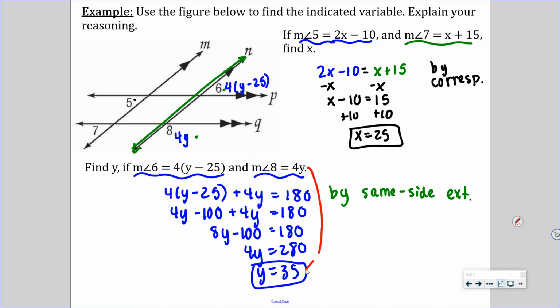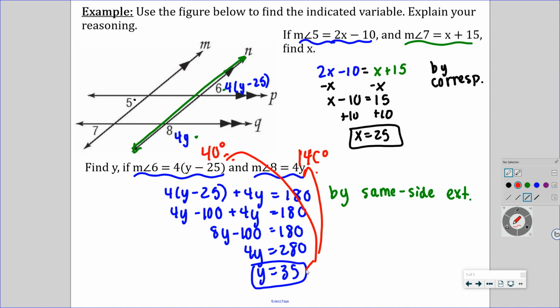If you plug it in for angle 8, you get, what is that, 140. If you plug it back in here, you get 40. You get 40. And our 140 and 40, are those supplementary? Yes, those add to 180.